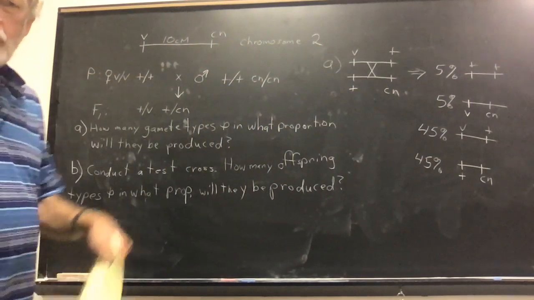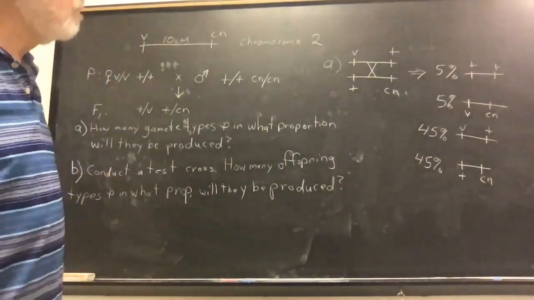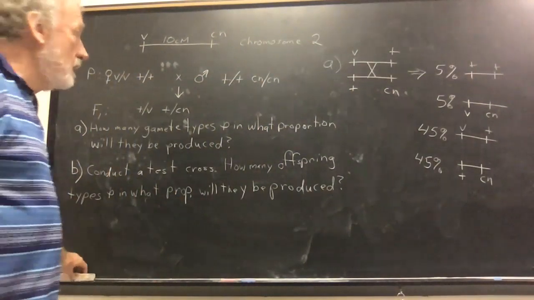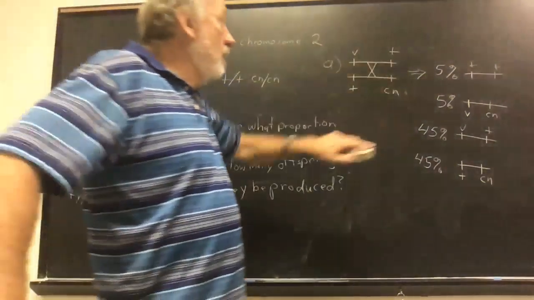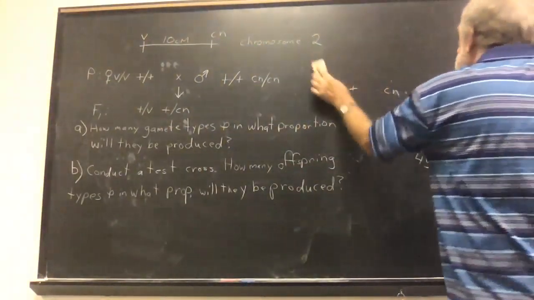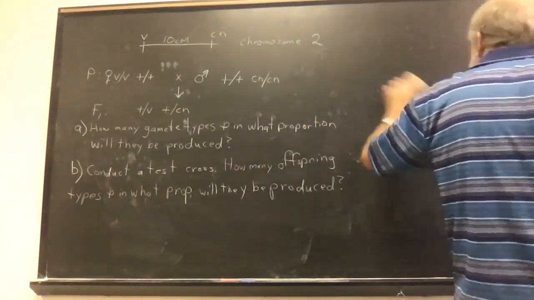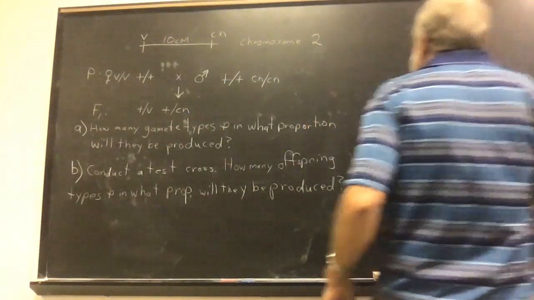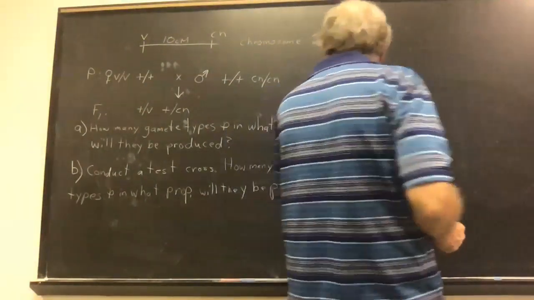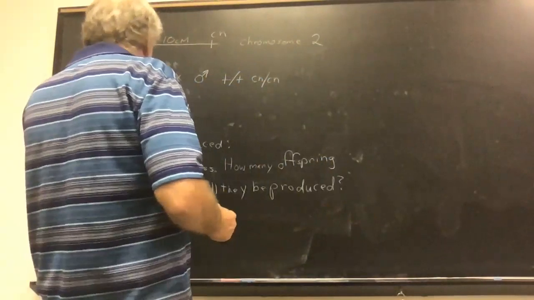Now part B, we're going to do that test cross and see what kind of results we get there. And I will attempt part B here if there's room. I think I'll erase some of this stuff just to give me a little more room.